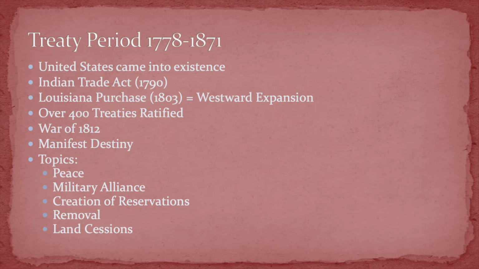So on to this big treaty period with the actual creation of the United States. So from 1778 to 1871, the United States has come into existence. We have the Indian Trade Act of 1790. So while we are talking about treaties, we'll see that federal statutes are already starting to come into play and starting to influence how treaties are being made or what topics are being covered, including commerce, right?